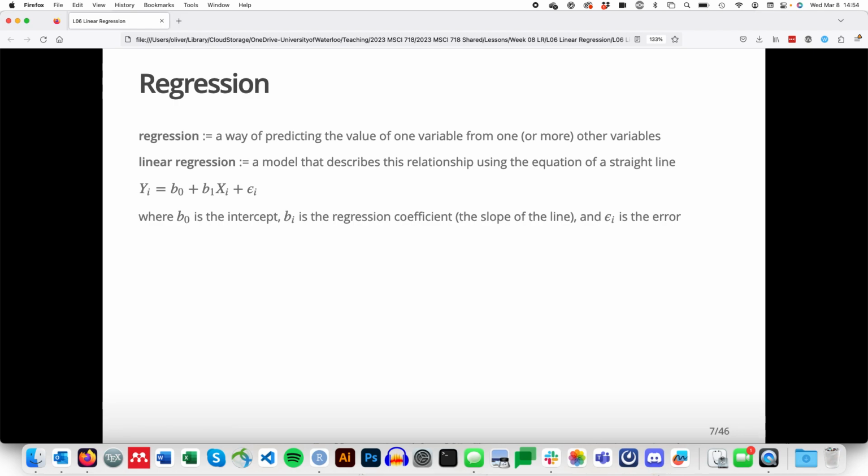So can anyone clarify? So yes, it is the error. It's not the residual quite yet. We have estimates of the residual. We'll talk about those in a second. What can we tell about the epsilon_i following probability theory? Maybe Gaussian distribution of error. Yeah, it's a random variable and it follows a Gaussian or normal distribution. That's one of our main assumptions.